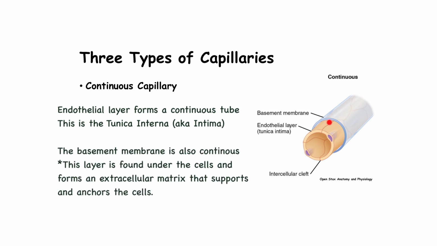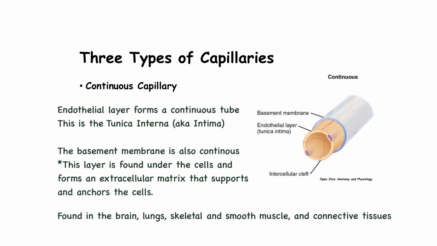So we see continuation in both where they are all attached to one another, and you'll see how that differs from the other types of capillaries. We see these types of capillaries in the brain, lungs, skeletal, and smooth muscle, as well as in connective tissues.